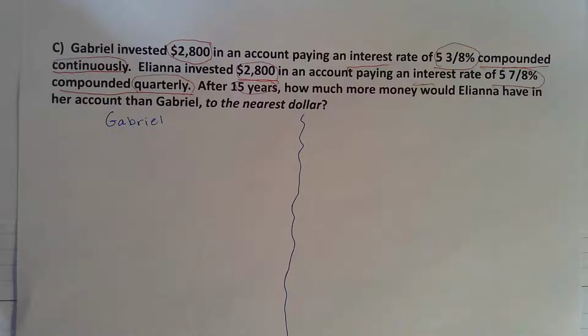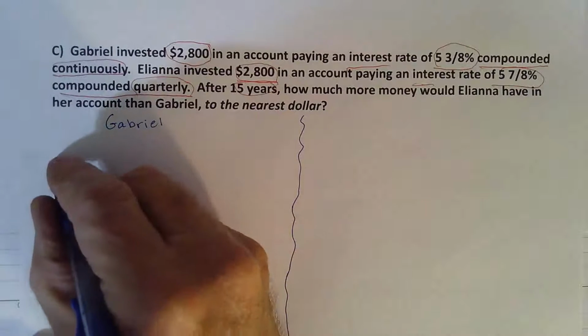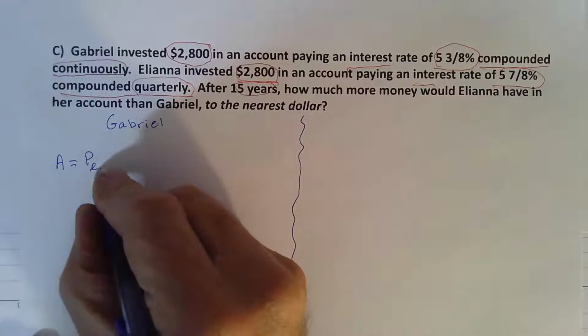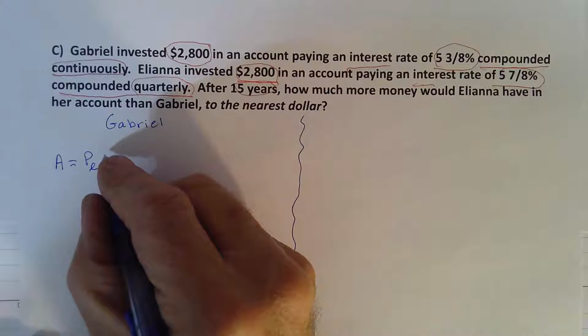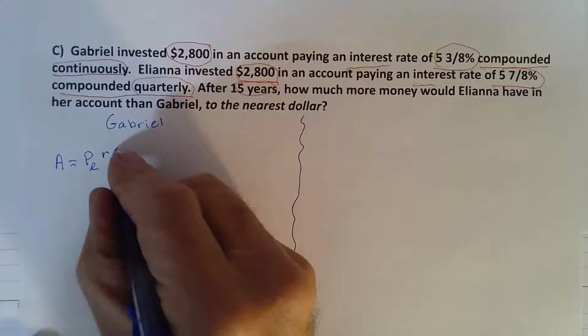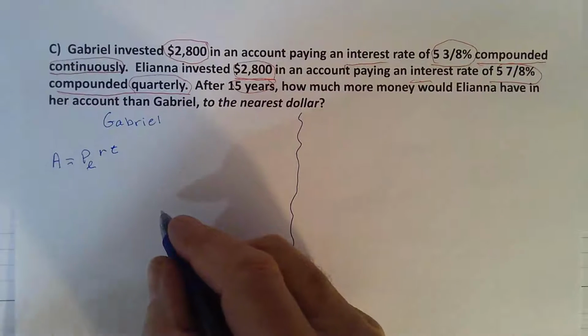Let's get back over to my notes where I was. All right, so A equals P times E to the RT. Really strange looking formula.